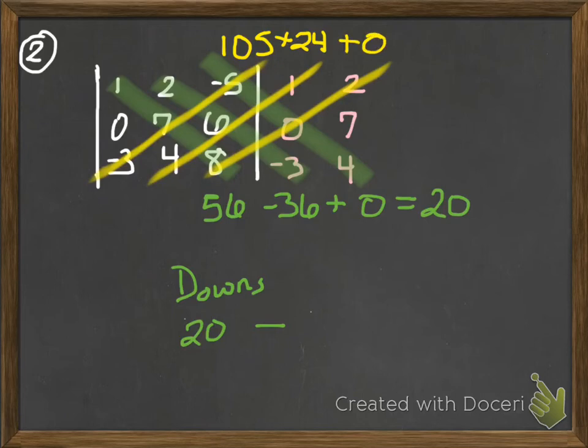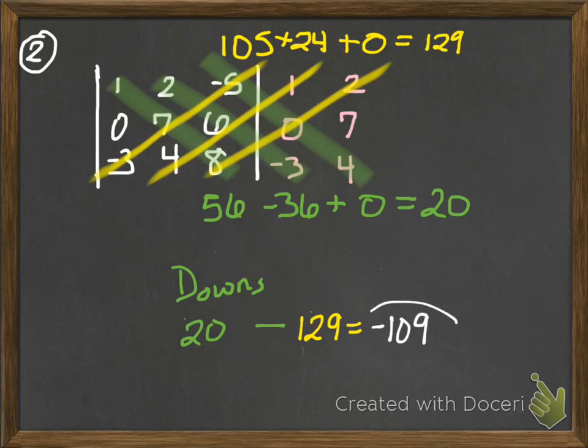So 105 plus 24 is a total of 129. So your downs minus your ups gives you your determinant, which is what? Negative 109. That's your answer.